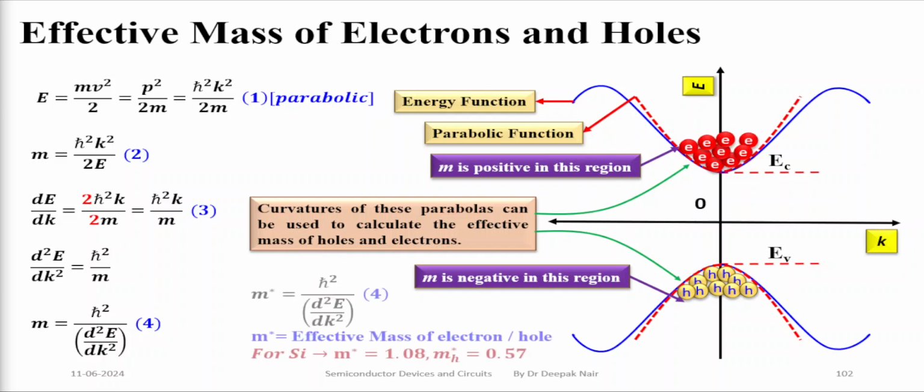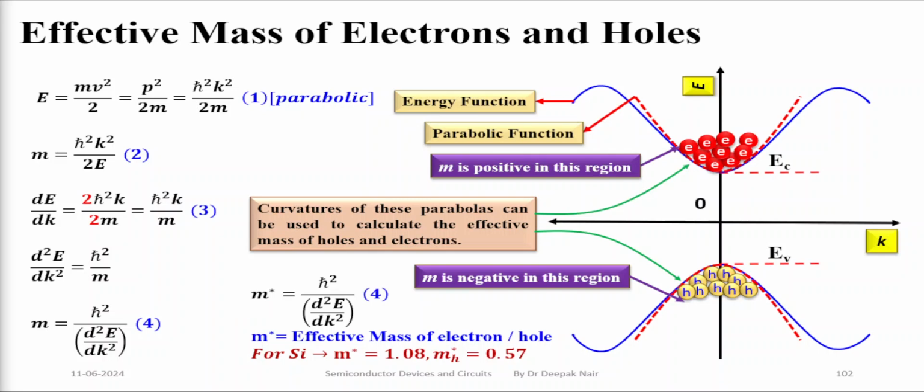Remember, we are not calling it the mass of holes and electrons. Instead, we are calling it effective mass. So we will represent it with m star, which is equal to h bar squared divided by the second derivative of energy with respect to k. So m star is nothing but the effective mass of the electron.